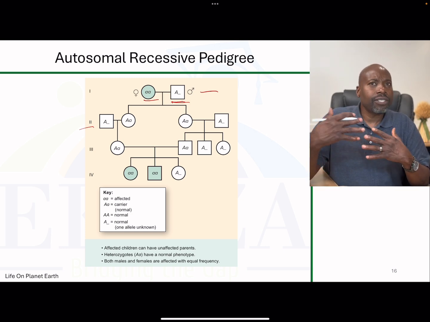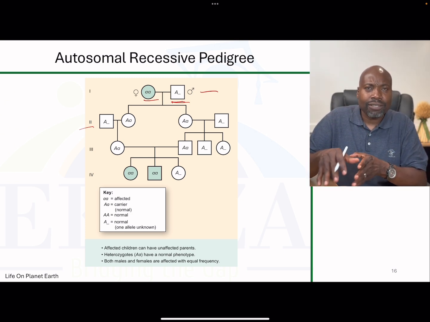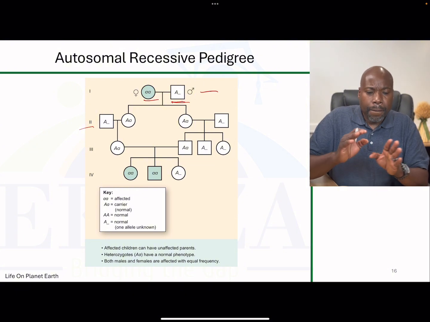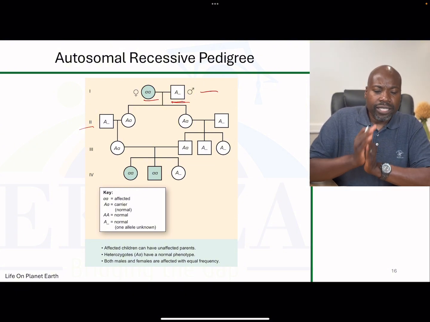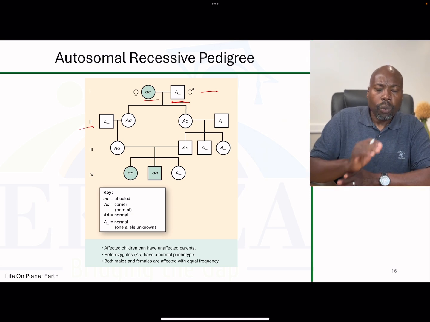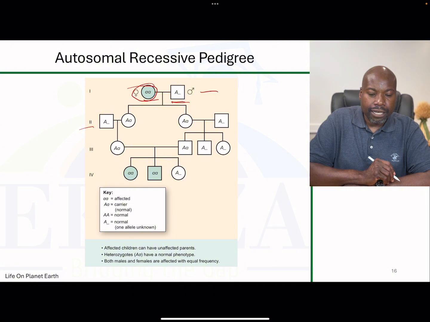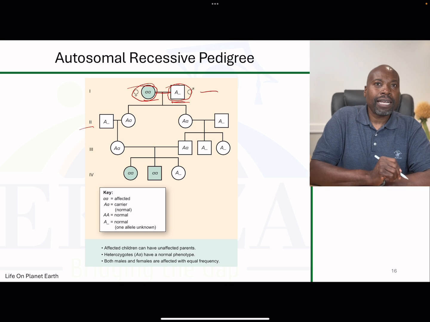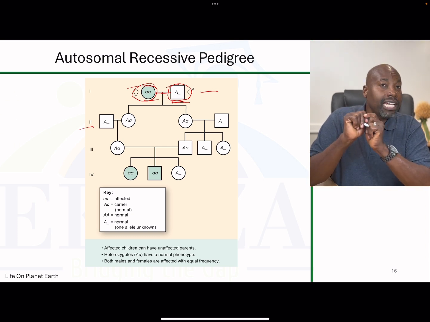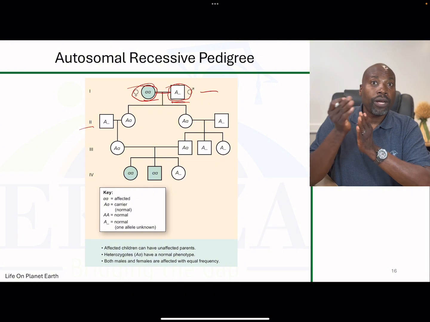Now, I'm not going to bug you with more details of that. But what I want you to know is that in a recessive pedigree, here we have a female that is affected, marrying a male that is unaffected, but we don't know if that male is homozygous dominant or heterozygous.